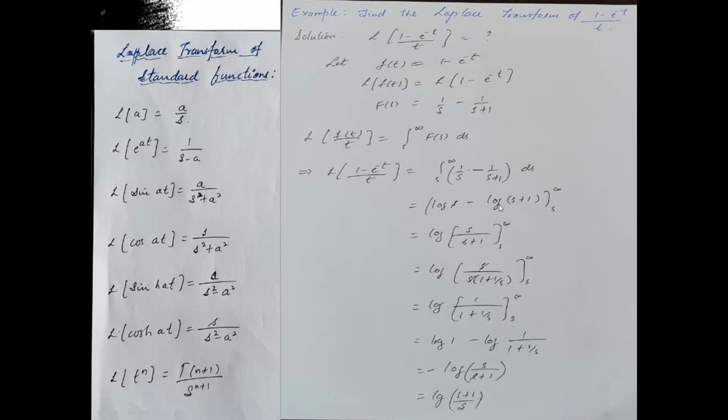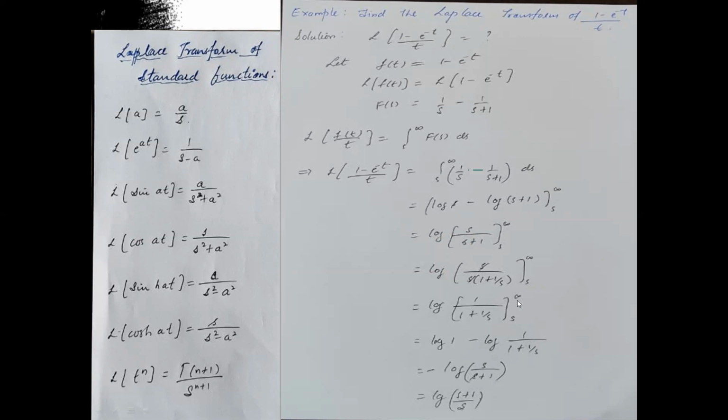Now again we have log a minus log b, which will be written as log a by b. We cannot directly put infinity for s because log of infinity by infinity it becomes indeterminate. So we'll take s common from the denominator, which cancels with the numerator s, and we are left with log of 1 divided by 1 plus 1 by s.